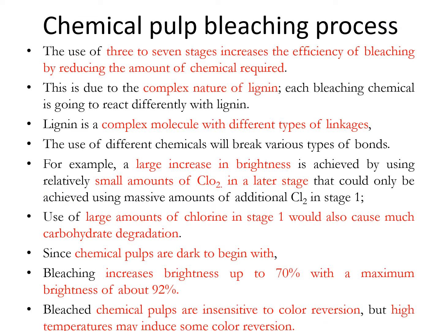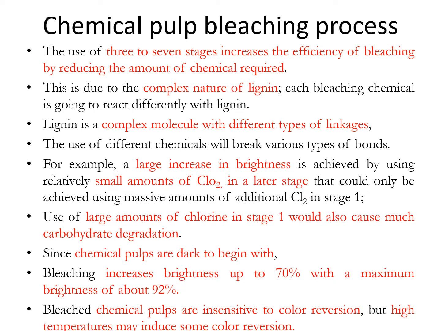Now, chemical pulp bleaching process. Basically, the chemical pulps are very dark to begin with, due to the lignin content. From single to 7-stage bleaching can be used to increase the brightness of the chemical pulps. Okay.